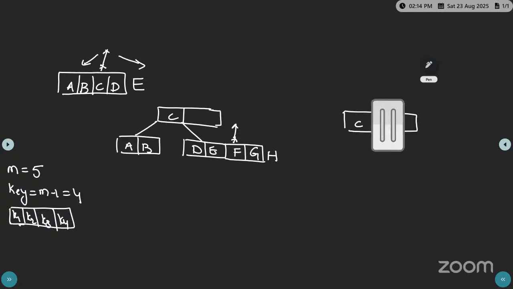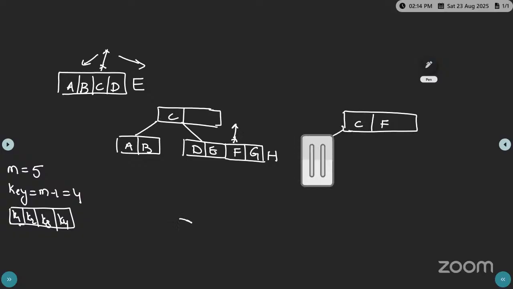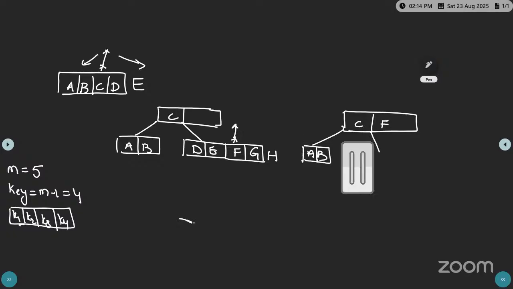F. To the left of C are A, B. To the right of C are D, E. And you have identified that F belongs to one level up.